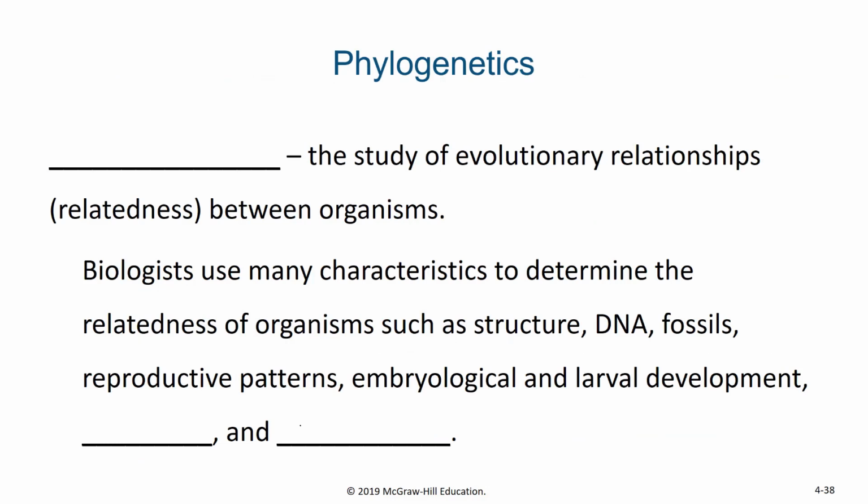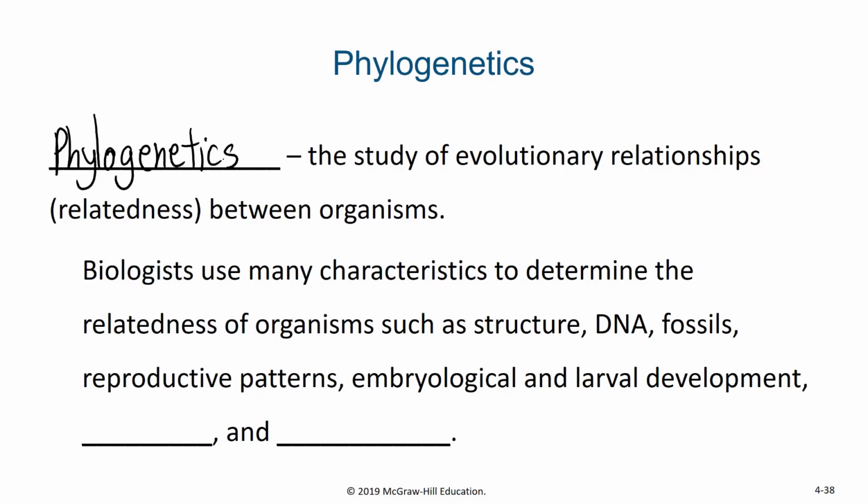There's a whole field of biology which tries to determine the relatedness of different organisms. This is known as phylogenetics. Phylogenetics is the study of evolutionary relationships or relatedness between different organisms.